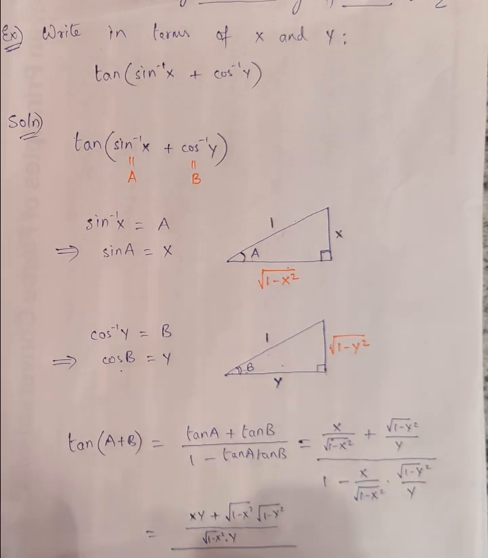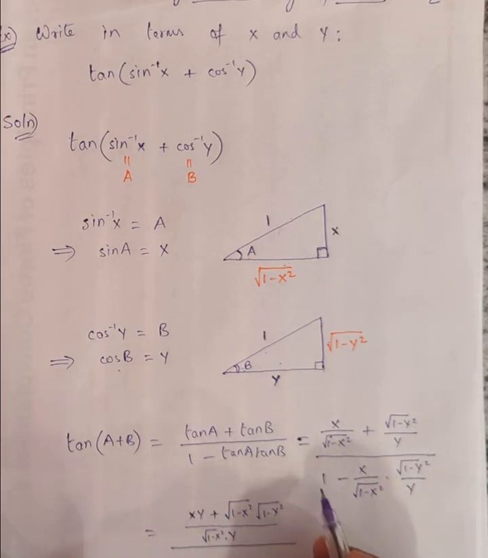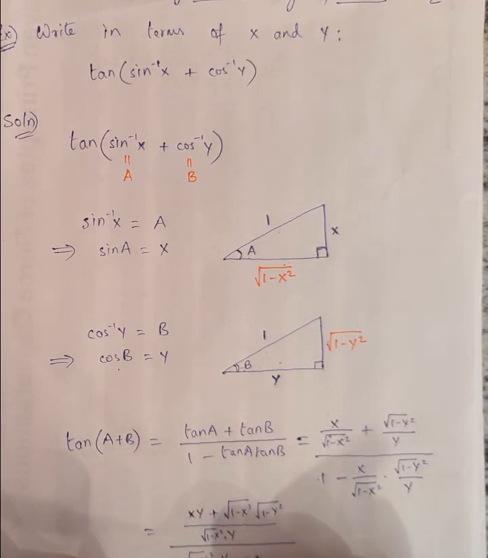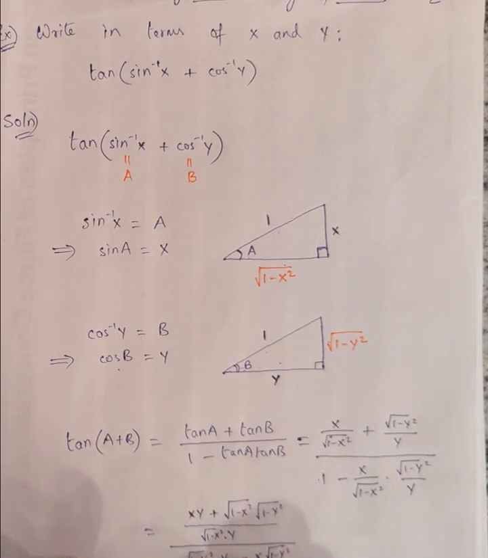And here again we can cross multiply. You can write 1 as 1 over 1 if you want. So cross multiplying, you get square root of 1 minus x square times y minus 1 times this, which is x times square root of 1 minus y square, divided by the product of the denominators, square root of 1 minus x square times y.